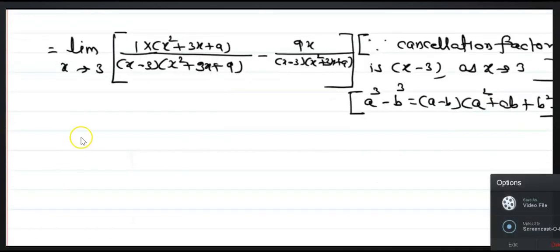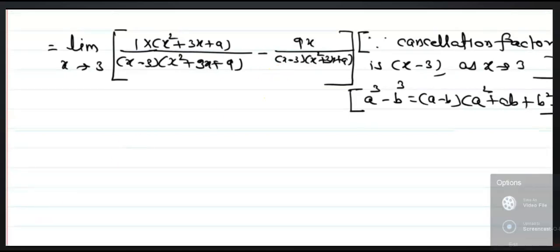I just told you that here is only x minus 3, and to make the denominators equal for the first function and the second polynomial, we multiplied numerator and denominator by x square plus 3x plus 9. Here we do not require it, because the denominator is already the complete LCM.